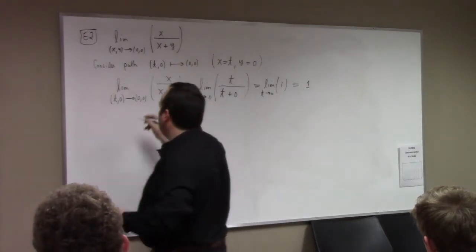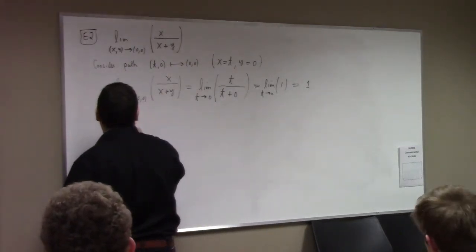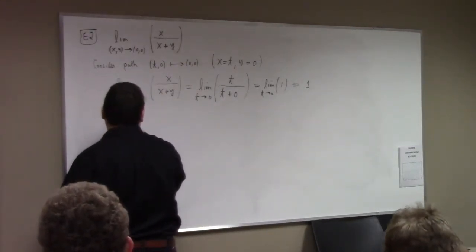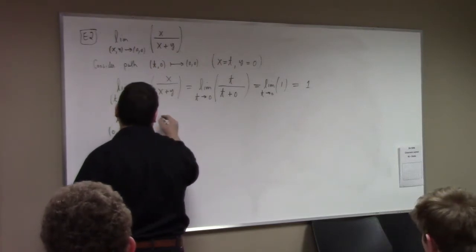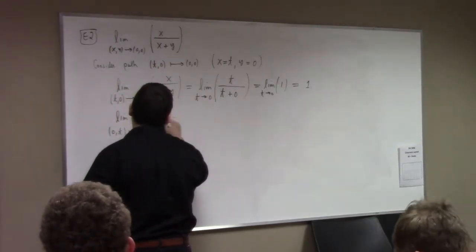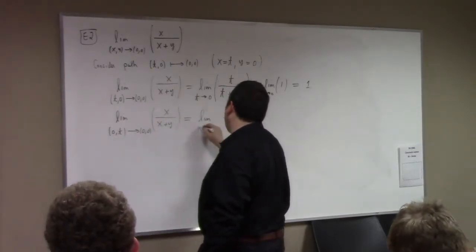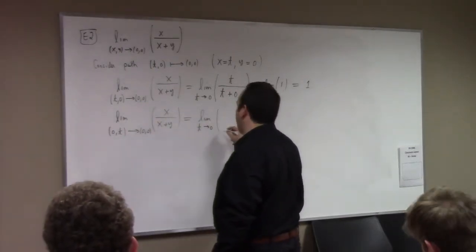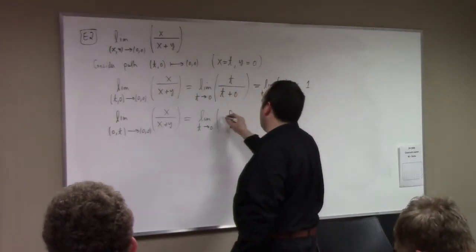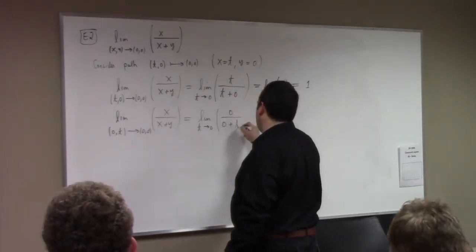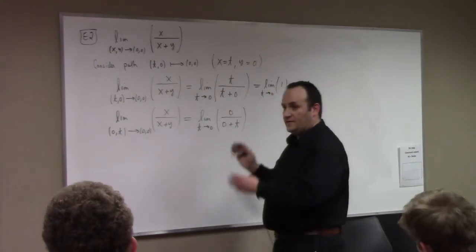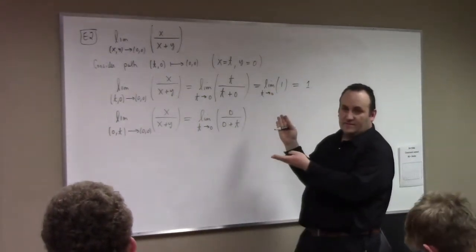But if we look at the other path, what happens to the other path? So we get 0 over 0 plus t, right? Now this is not indeterminate.